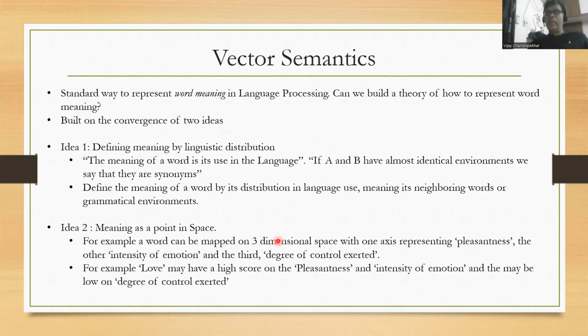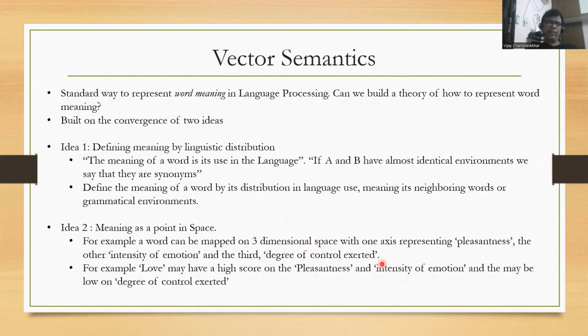So which means the word love wouldn't move much on the intensity of emotion axis, but the word passion will go further down the intensity of emotion axis. And the third is degree of control exerted.